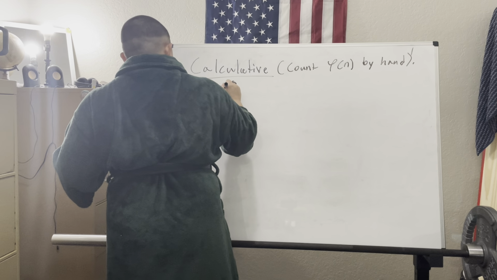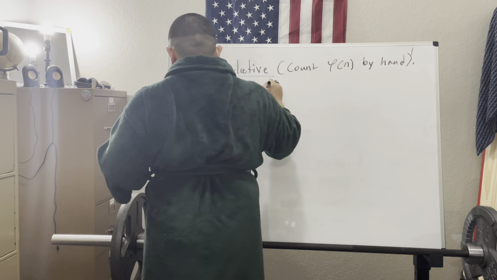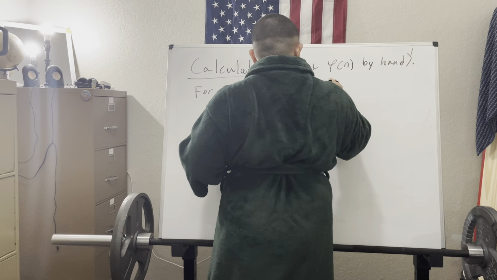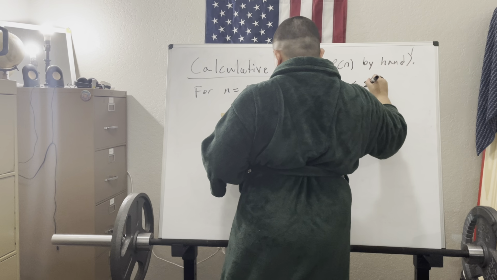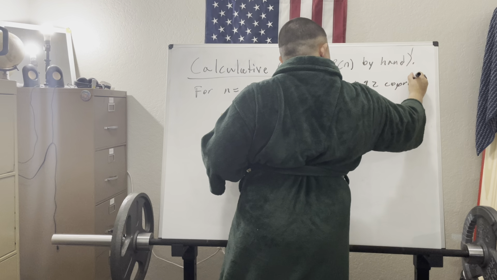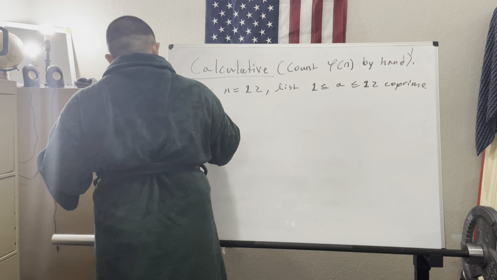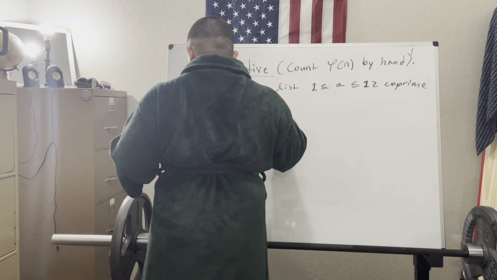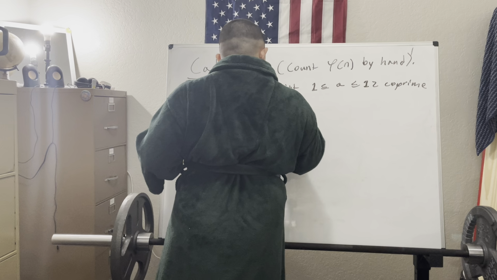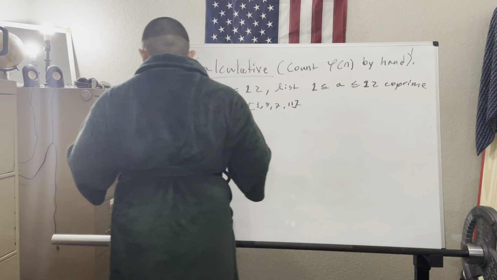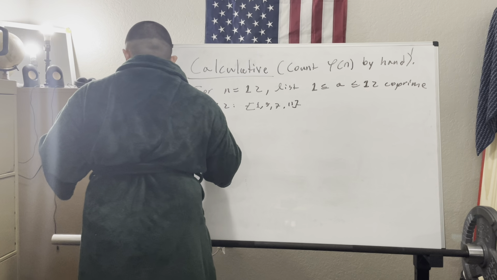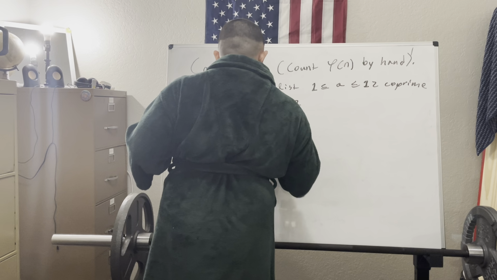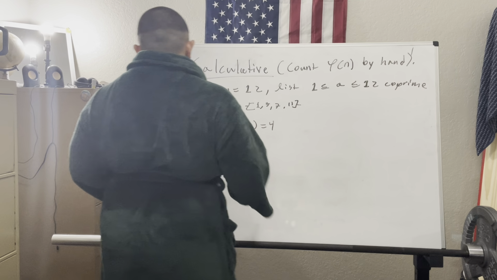For n equal to 12, let's list 1 less than or equal to a less than or equal to 12, coprime to 12. Now, fairly enough, that's 1, 5, 7, 11. All right. So which means the totient function of 12 is equal to 4. 1, 2, 3, 4 numbers, ergo it's 4.